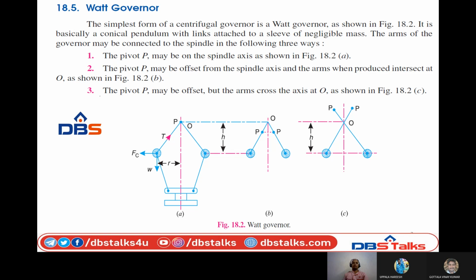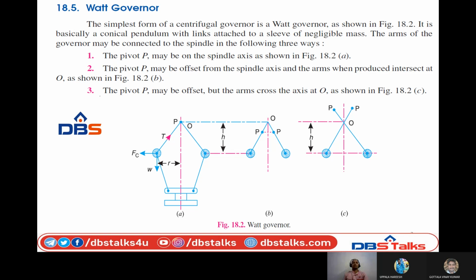The P is where the two arms are joined. From the balls downwards, these are called the links.